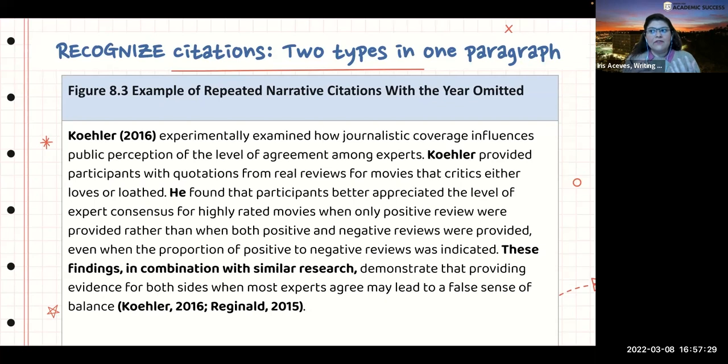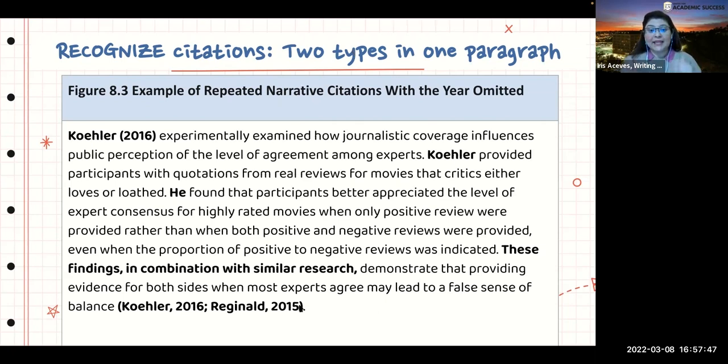So if you want to make sure that your professor knows, hey, I'm getting this information from this other source, you could say Kohler 2016, Kohler 2016, Kohler 2016, but that's going to be very repetitive, right?